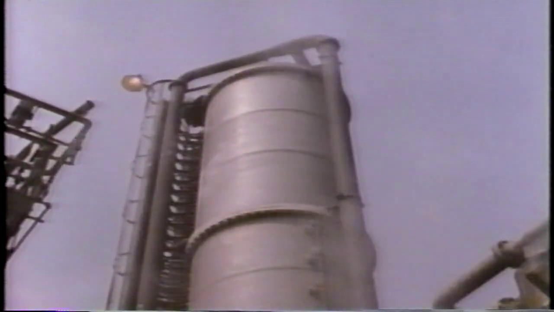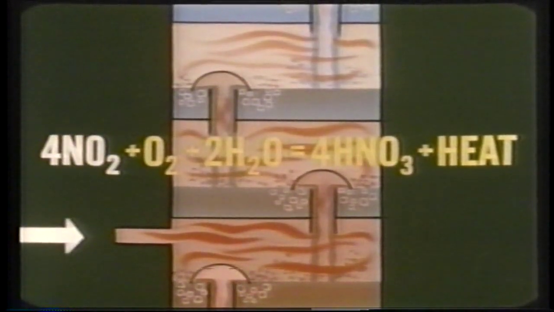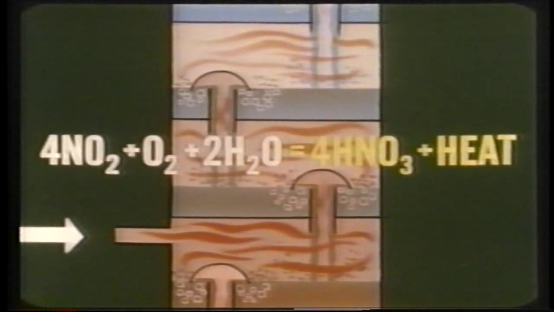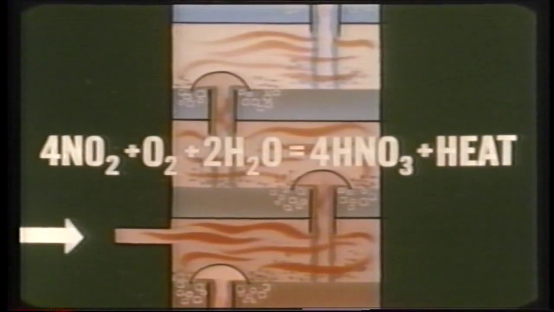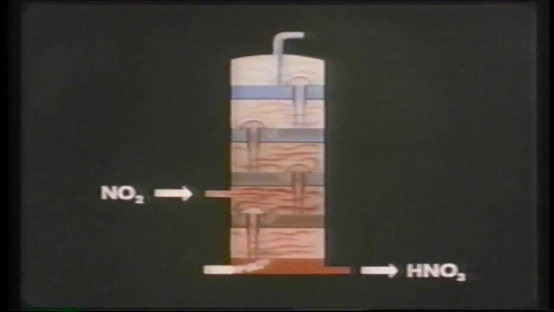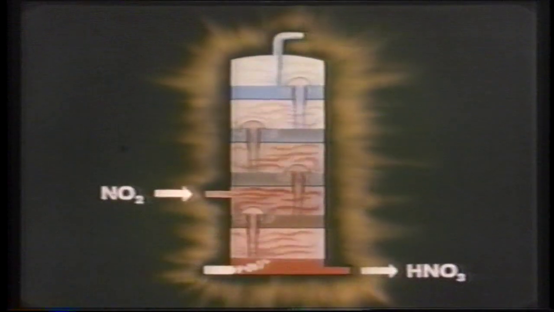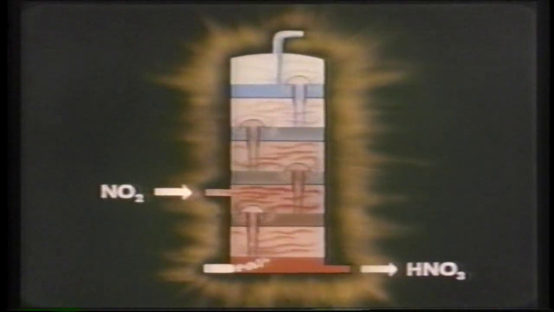Let's study what is happening inside the absorption column. The NO2 gas reacts with excess oxygen and water to form nitric acid with a further release of energy. Le Chatelier's principle is applied to achieve a maximum yield of nitric acid at equilibrium. Since the reaction gives off heat, the formation of nitric acid is favored by removing heat.